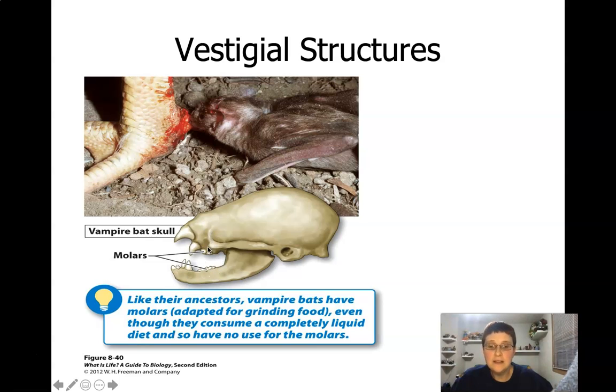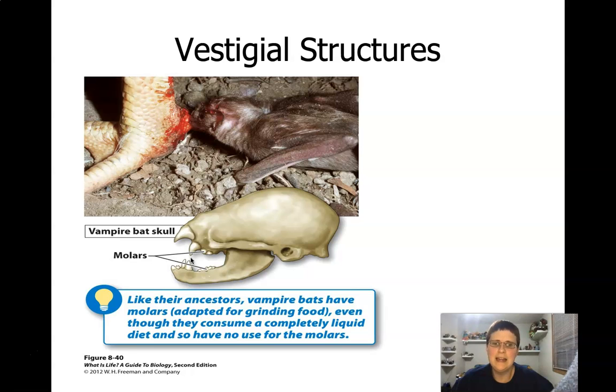However, if we look at the skull of a vampire bat, they have molars. They have back teeth, which, as you can see here, are adapted to grind up food. Think about it. Those are your back teeth. So why do vampire bats have molars? Because they have a completely liquid diet.